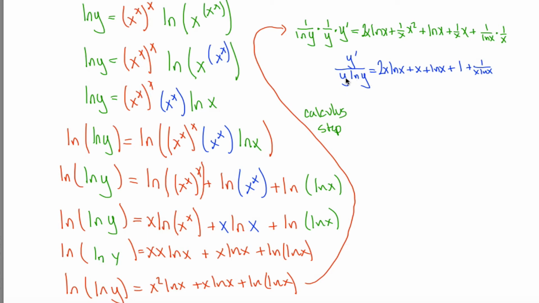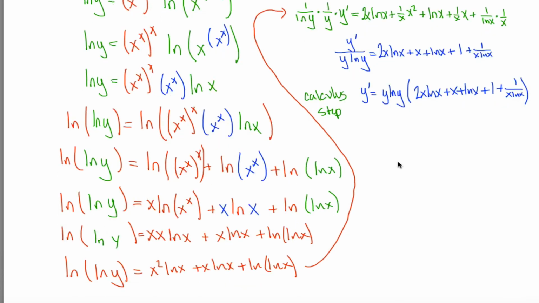Now if I multiply both sides by y times the natural log of y, I would get that y prime is equal to y times the natural log of y times 2x natural log of x plus natural log of x plus 1 over x natural log of x.